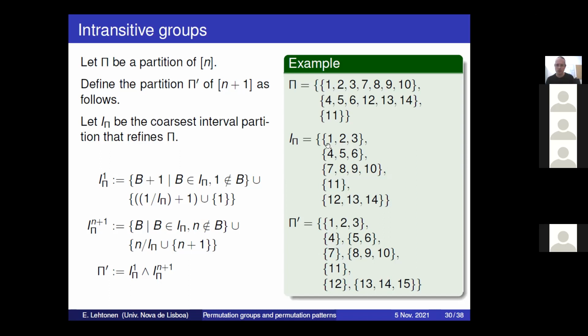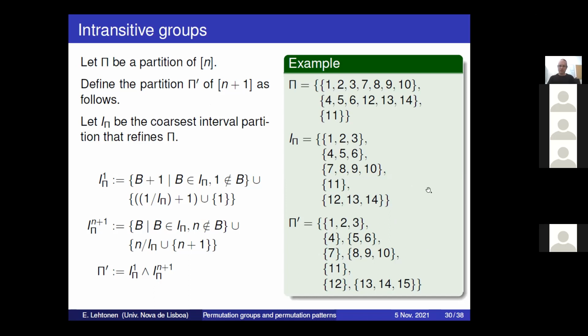For the interval containing 1, this we don't split into 2. And for the interval containing the largest element, we still take the block containing just the smallest element, but then to the rest, we also add the new largest element, n+1, so that we get a partition of the n+1 elements.